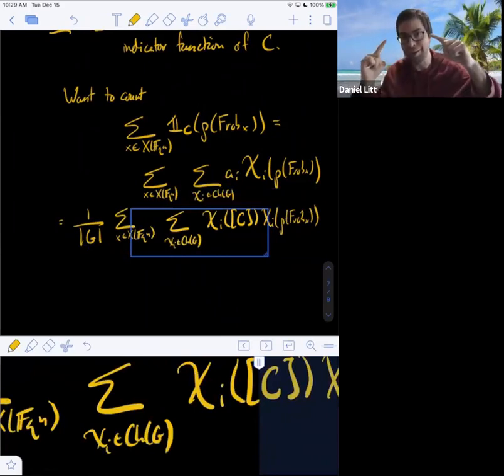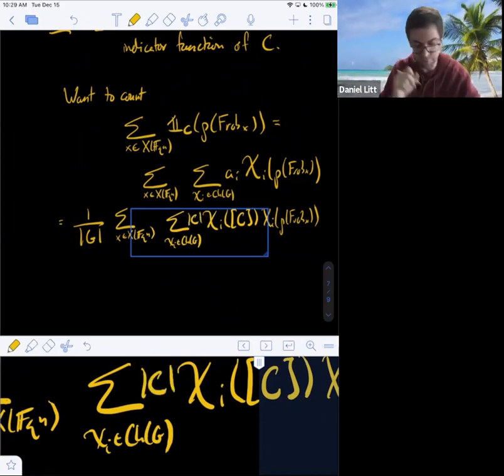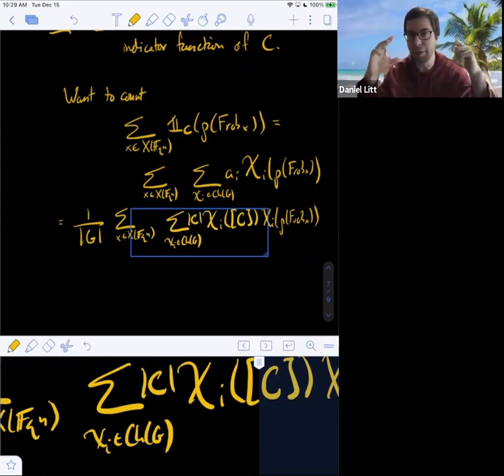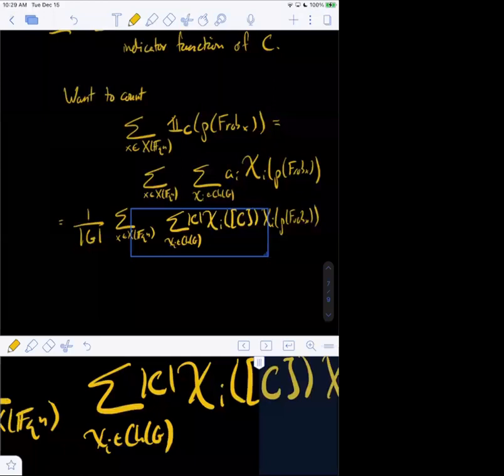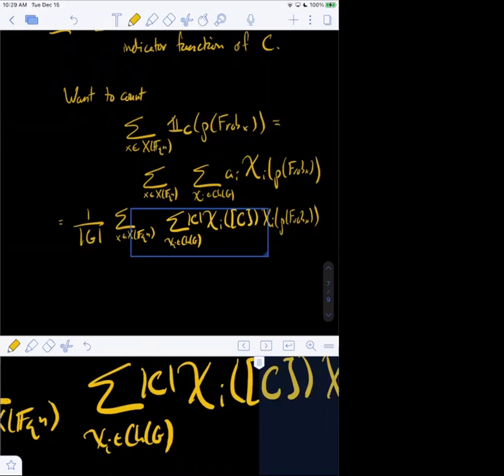So I think this is what you got. How do you pair, sorry, there should be a size of C here also. How do you pair a character with a conjugacy class? You just evaluate the character on the conjugacy class and then sum over the elements, right? I think maybe that's what you were saying, Ben. Yeah, I think I was answering a different question, but yes, I agree.